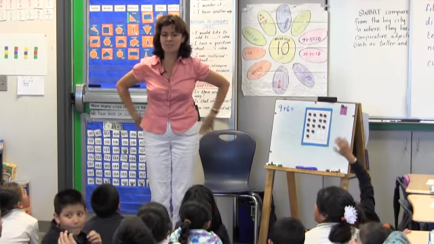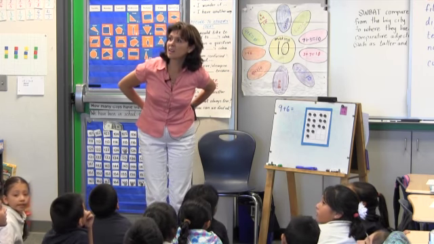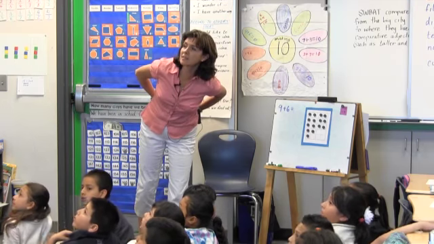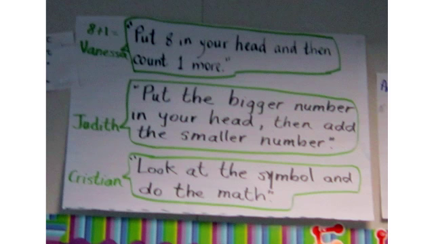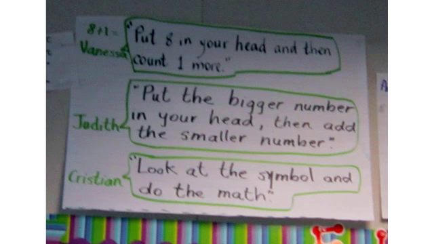Whose strategy is that? Judith's. Let's take a look at Judith's strategy. Yours is in green. Shall we read it together? Put the bigger number in your head, then add the smaller number.